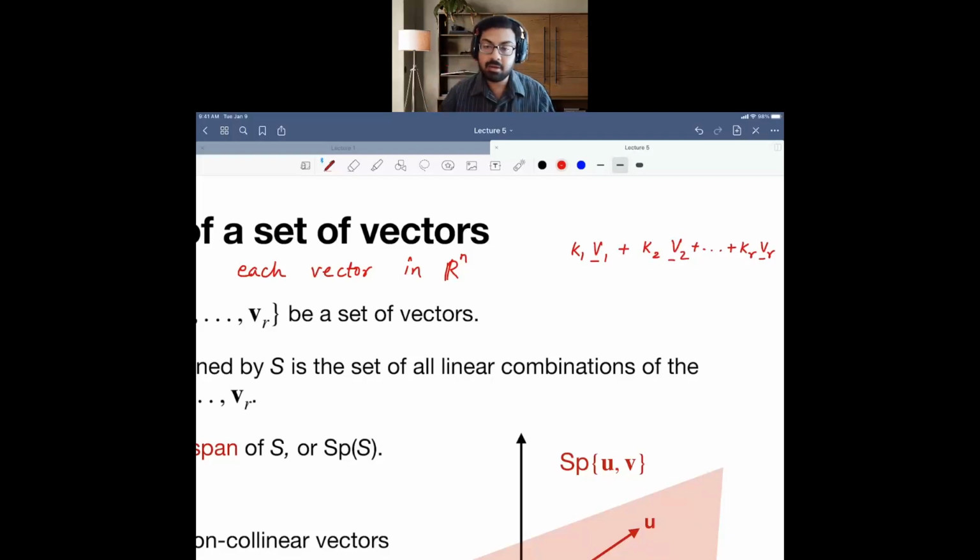For any values of k1, k2, and so on up to kr, any values, rational, irrational, positive, negative, I am going to get the entire space that is spanned by that set S, which includes those vectors.